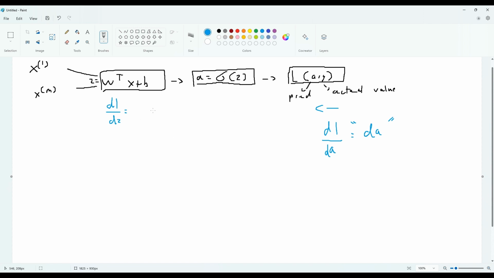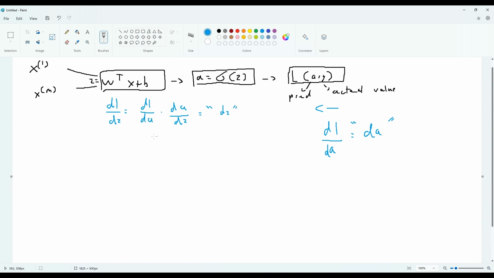So the derivative of L with respect to z is the derivative of L with respect to a times the derivative of a with respect to z. This might seem confusing, but again, I hope you are building an intuition. And this is all equal to the derivative of z.